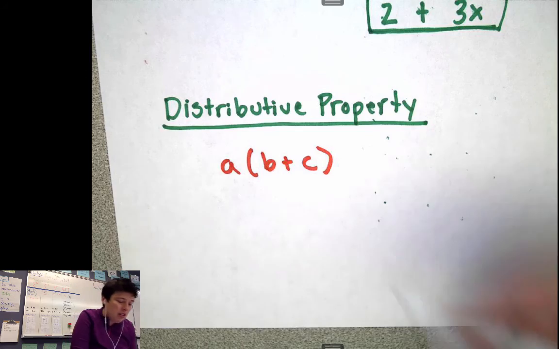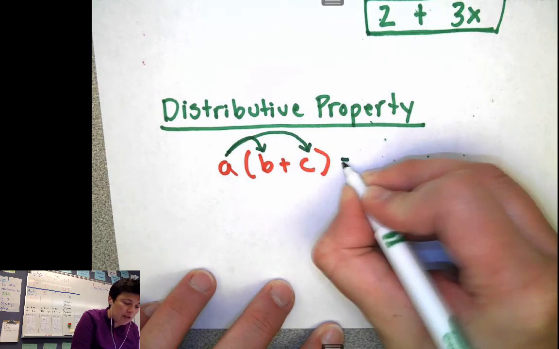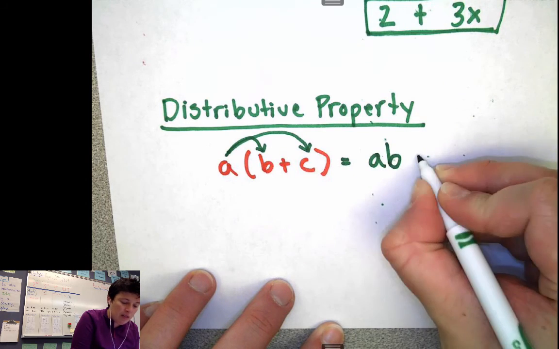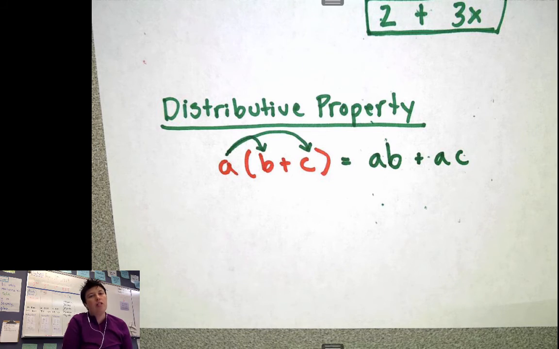But the strategy is you do A times B, A times C, and you get your answer of A times B plus A times C. That's distributive property. Just multiply things in.